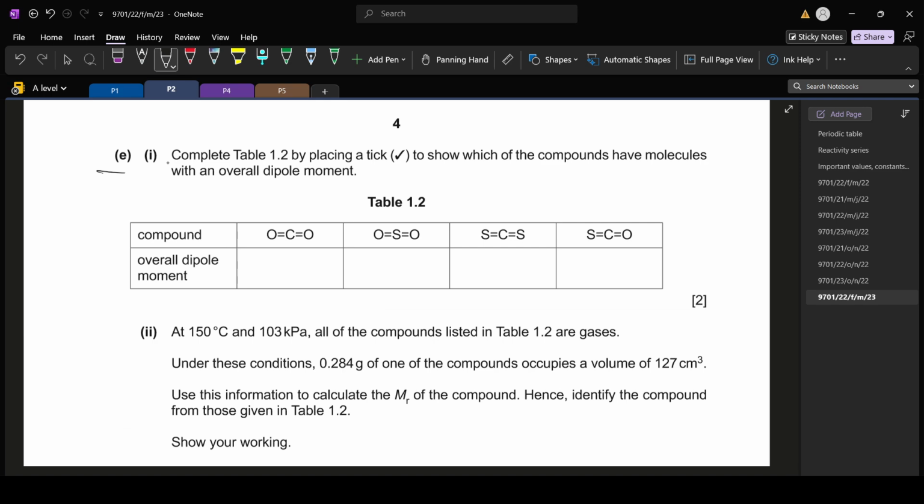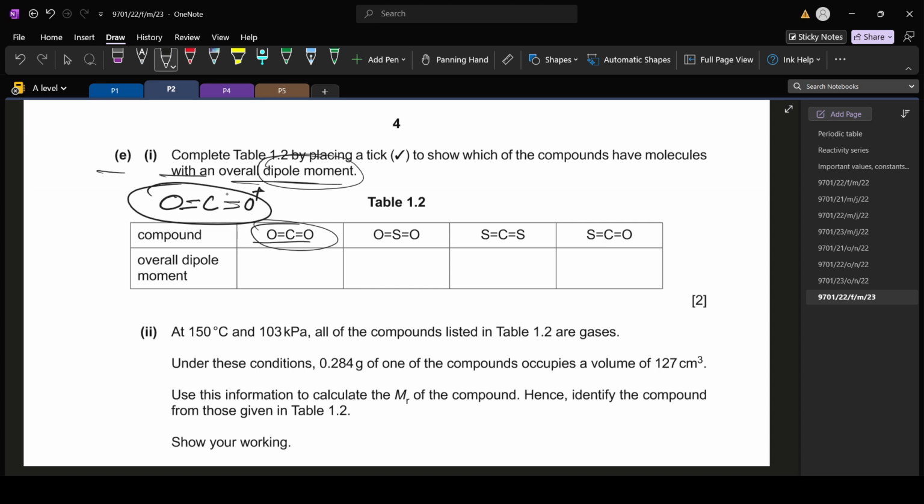So complete the table 1.1 by placing a tick to show which of the compounds have a molecule with an overall dipole moment. So you have to find the molecules with overall dipole moment. So if you see, carbon is in group 14. So it has 4 electrons in its outer shell and 4 of the electrons are bonded. So it will have a linear structure like this. Okay.